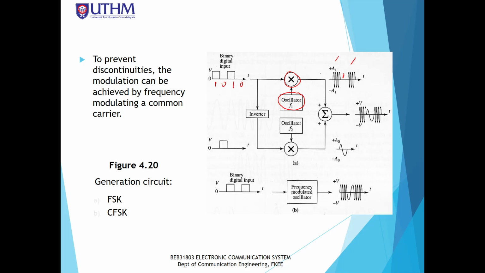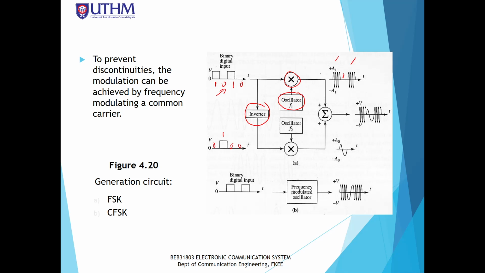So remember that 0, if you multiply with anything, you will get 0. Okay, this is mathematics. So apabila masuk ke dalam inverter, you will change the polarity. You will invert the signal. So tadi 1 dia akan jadi 0, 1, 0, 0.